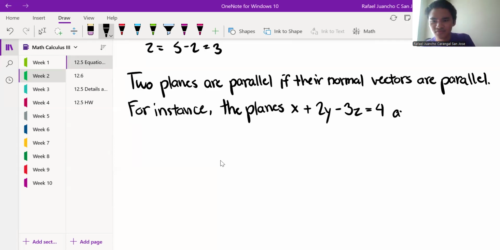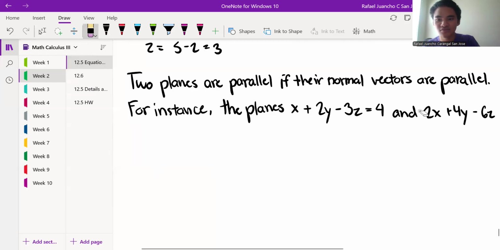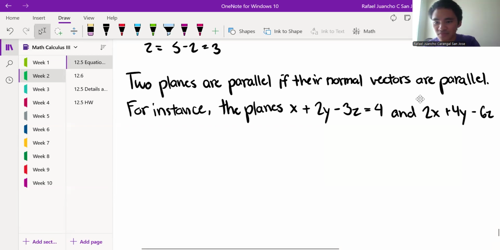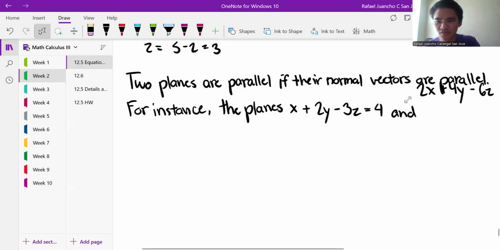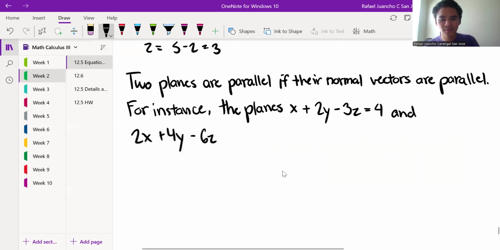Another one is 2x plus 4y minus 6z is 3.